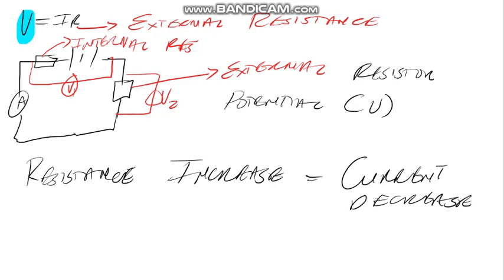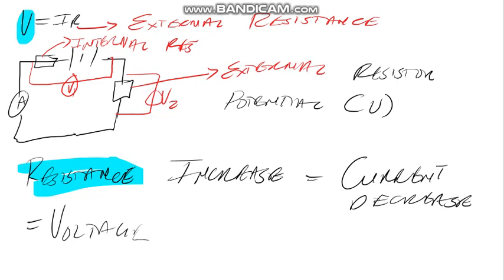But for any change, whether you increase resistance or current, the voltage increases. Because you increased the resistance, the voltage increases. So you can simply say resistance is directly proportional to voltage, or potential difference. Okay.